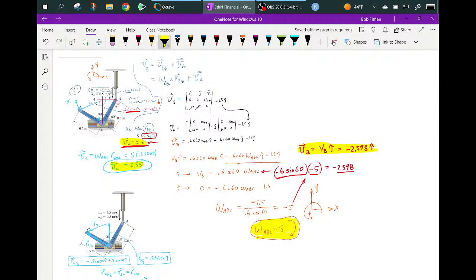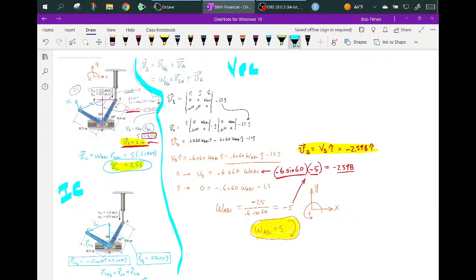So this is good. Now, velocity of C. Here's the thing about this. Okay, this is where our problem was split as far as instant center over here and regular vector methods over here.